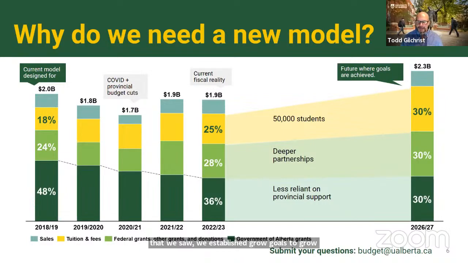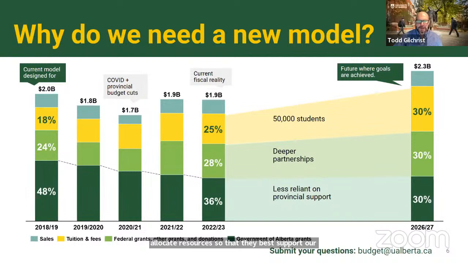Right, we had to find different streams of revenue or more streams of revenue to fund our operations. The government grant that we have is predicted to stay lower than it was. This isn't just a trend in Alberta; you're seeing it across the country, and that means that we need to think differently about how we allocate resources so that they best support our mission and help grow our enrollment revenue.